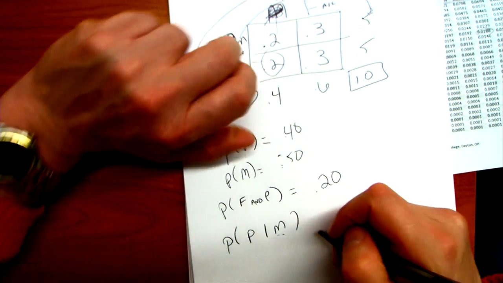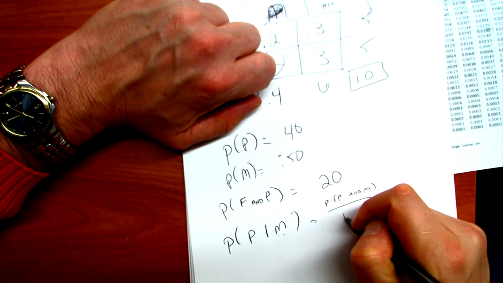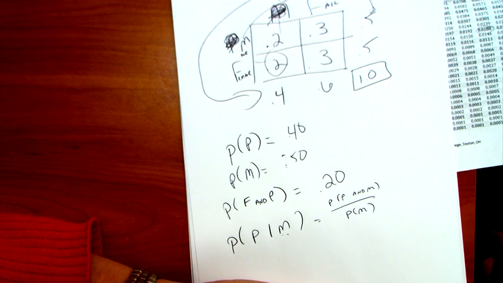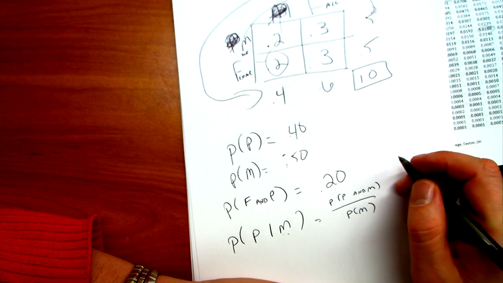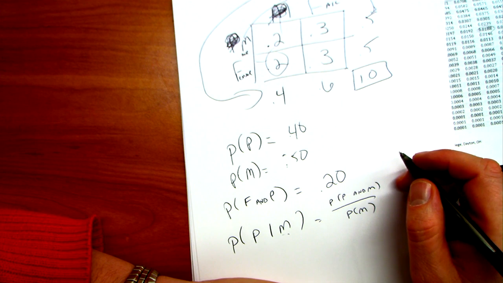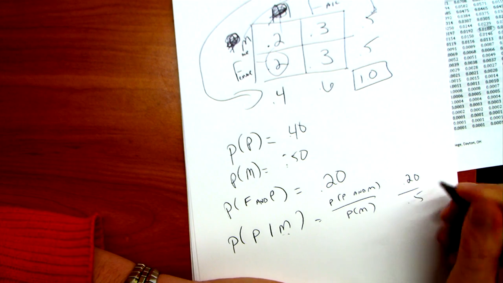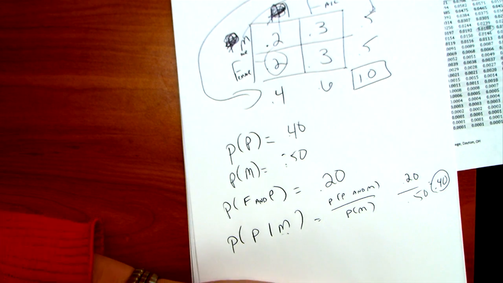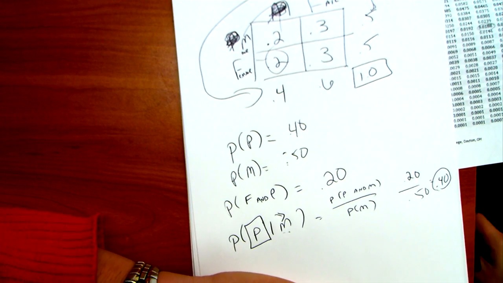So I'm going to join the two, probability of pass and male, divided by the probability of the second thing, which is male. Let's see, pass and male joins at 20%. Male is 50%. So 20% divided by 50% is 40%. So the probability that someone passes, given that we know they're a male, is 40%.